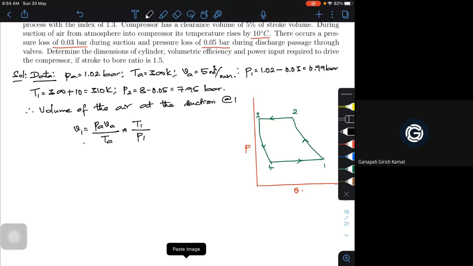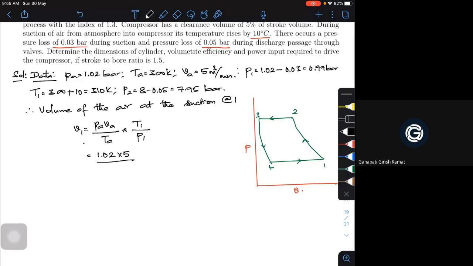If I do that, I'll get the volume. PA is 1.02 bar, and VA, the volume of the air, is 5 meter cube per minute, so V1 also I'm going to get in terms of meter cube per minute.